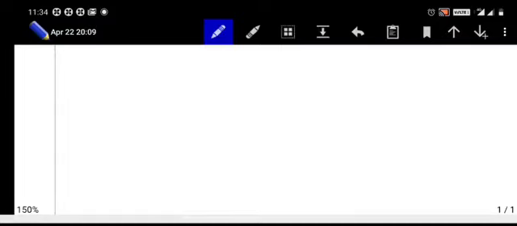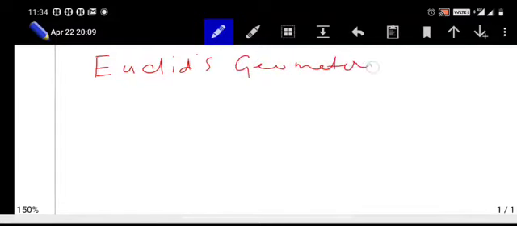Introduction to Euclid's Geometry, from the NCERT Class 9 textbook. Let us first try to understand Euclidean. Euclidean means Euclid.